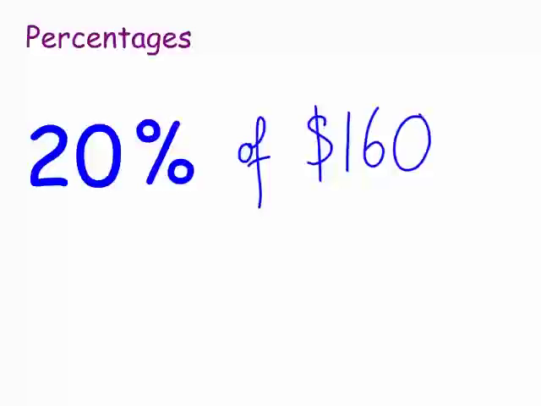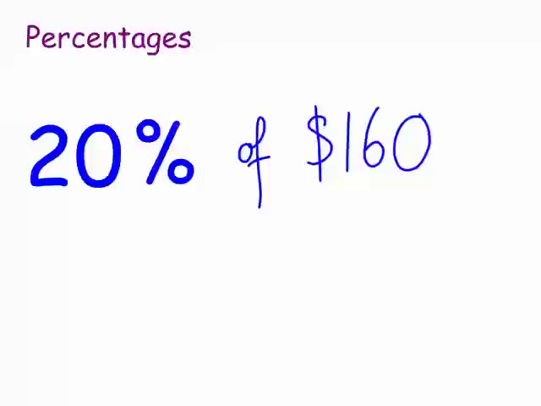We can do this one in our head, so let's look at a mental way. 20%: well, 10% is just $16, because a tenth of 160 is dividing it by 10, which gives 16. And 20% will be 2 times 10%, which is $32. So the answer is $32.